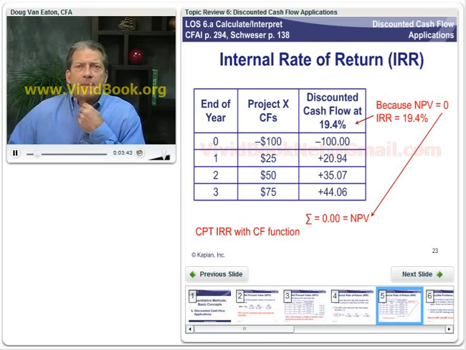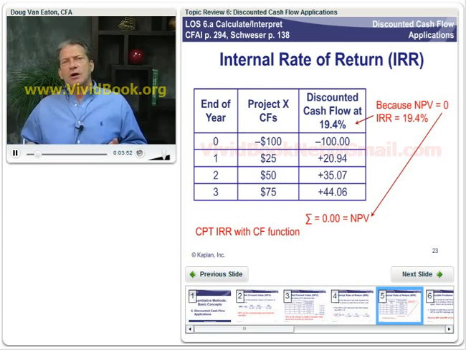Now we're going to find this internal rate of return, but first think of one thing. The net present value was positive. So what do we know about the discount rate we have to use to make that go to 0? Well, if it was positive, that means the present value of these future cash flows is greater than the initial outlay. In order to reduce the present value of those future cash inflows, we've got to discount them at a higher rate.